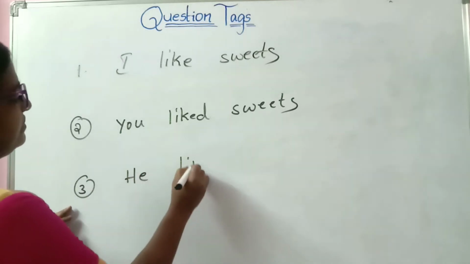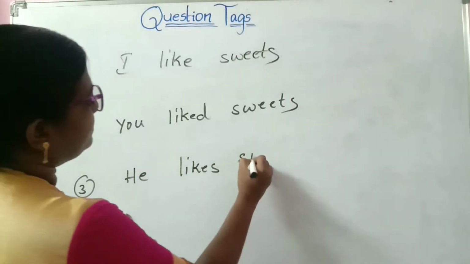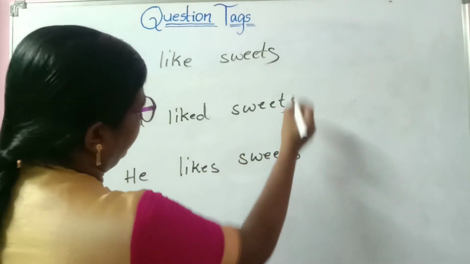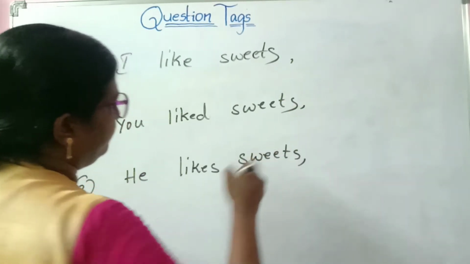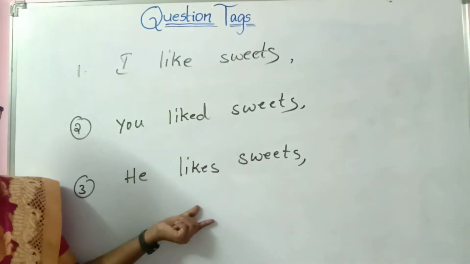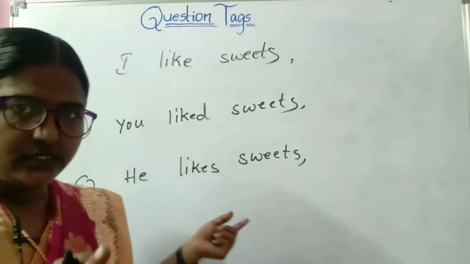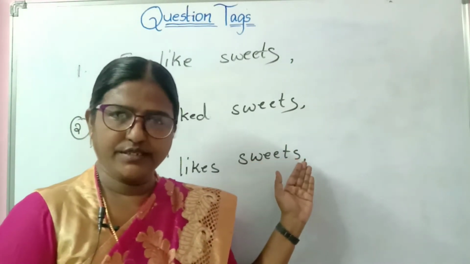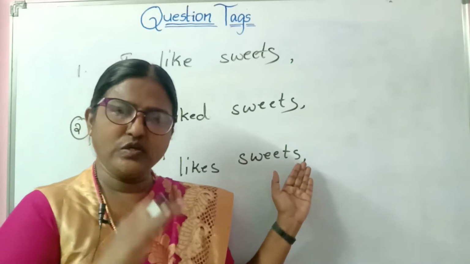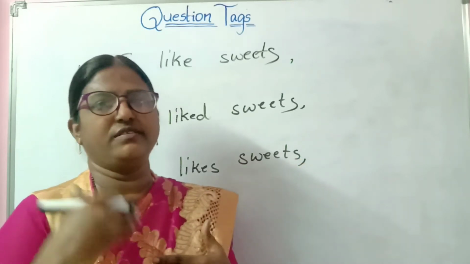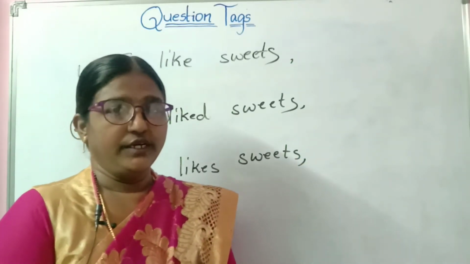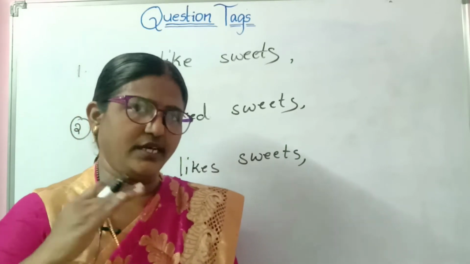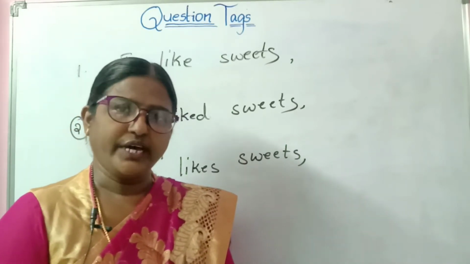He likes sweets. When you observe these three statements, there is no auxiliary verb in these statements. When there is an auxiliary verb, we can easily write the question tags. When there is no auxiliary verb, how to write?